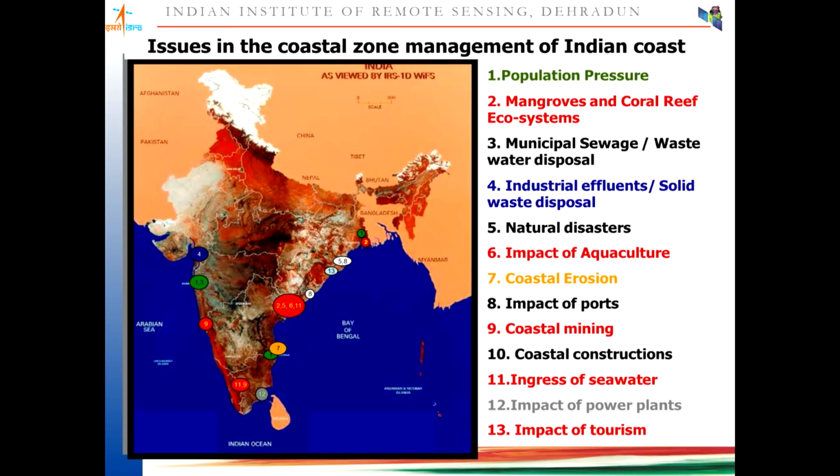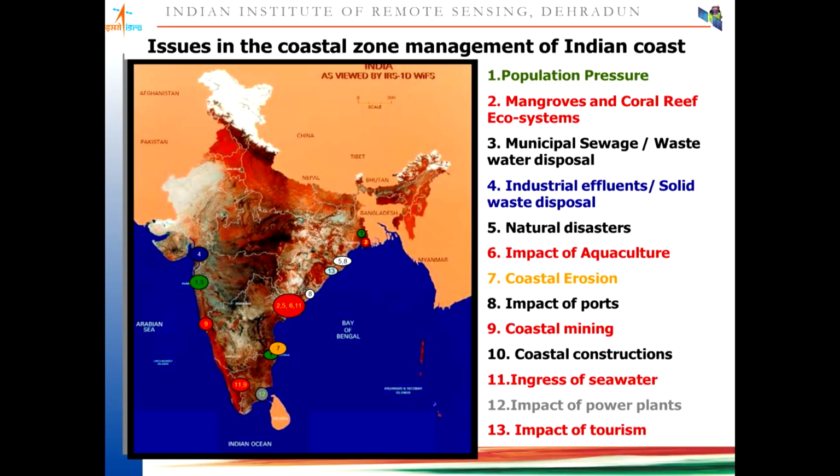Definitely there is also a lot of impact from the establishment of ports. It has been seen that when Paradip port came up in Odisha, a lot of land got eroded on the upstream and downstream sides of the port, because of disturbance of the longshore drift in the region.